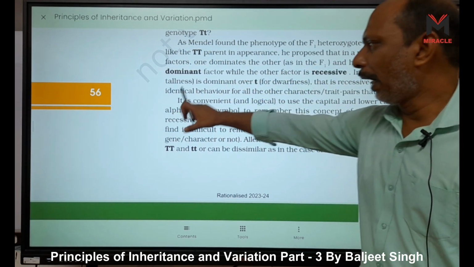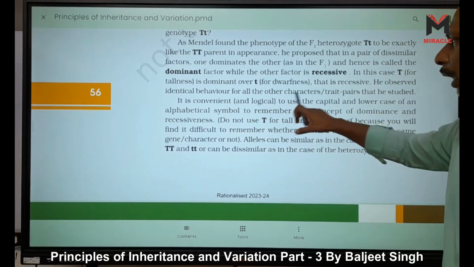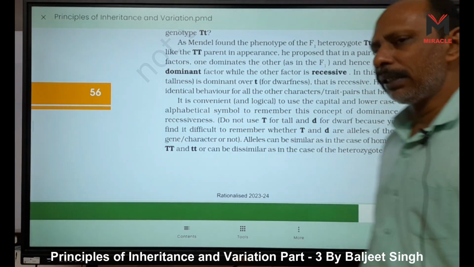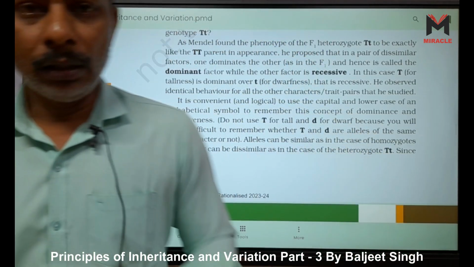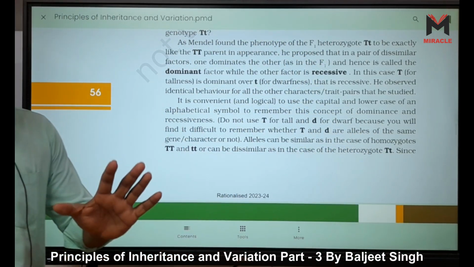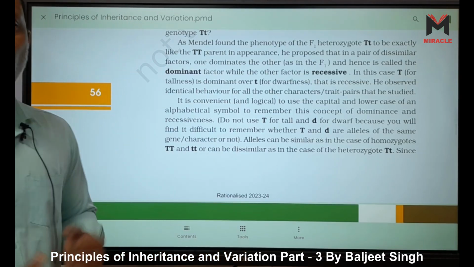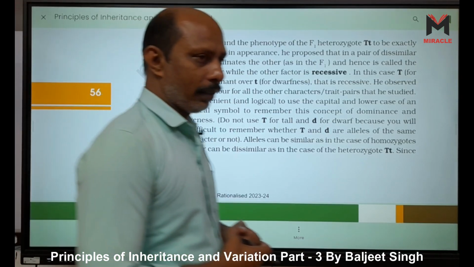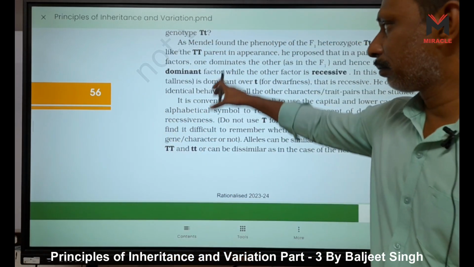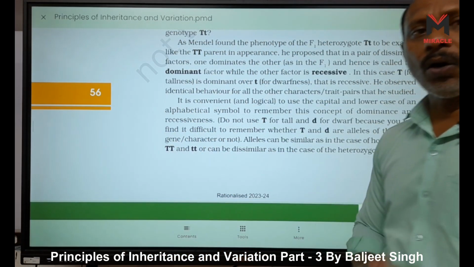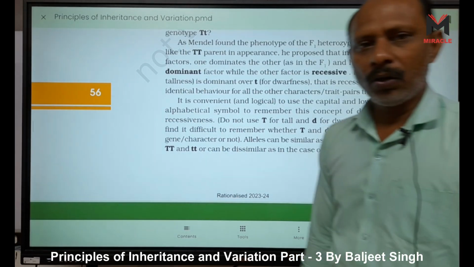He observed identical behavior for all the other traits in his studies, because he took 7 traits, 7 contrasting traits, using 14 pure breeding plants, right? He got this law of dominance in all the cases. One is dominant over another.